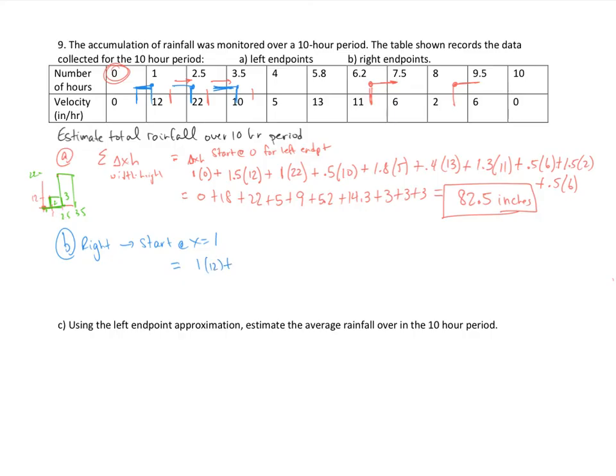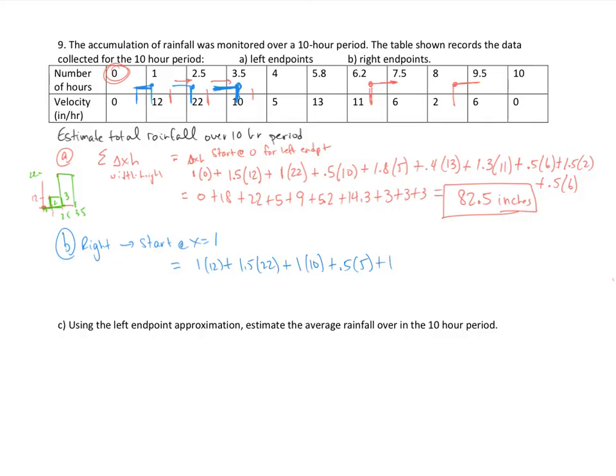Plus the second value, my delta x goes right here from 1 to 2.5, so that's 1.5. And the right endpoint is this side. So 1.5 right endpoint would be the 22. So 1.5 times the 22 plus, this is 1. Again, I'm going from here, 2.5 to 3.5, and a height, right endpoint, so that would be 10. And then 0.5 times 5.